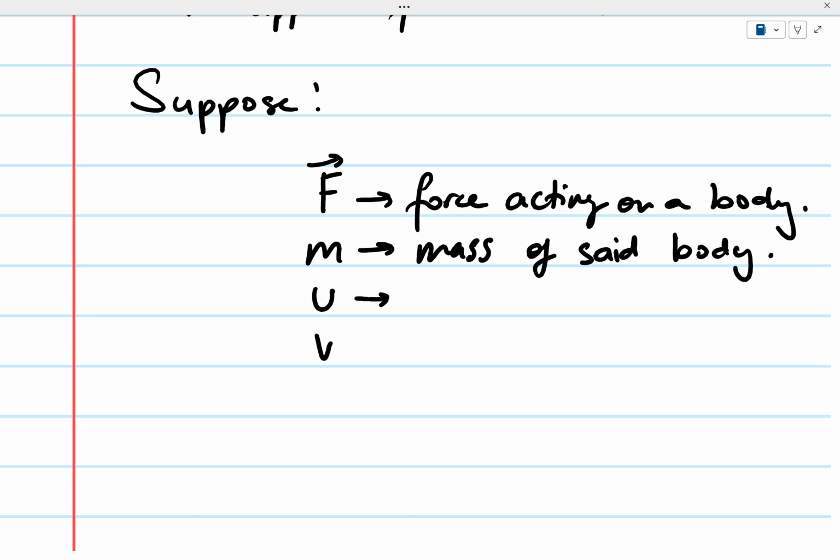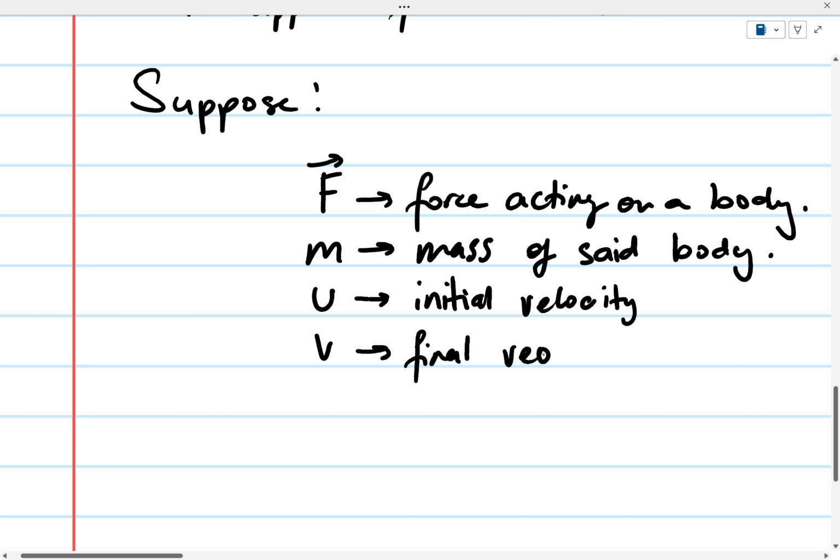I just saw your comment in the chat, and that is not the second law. But let's look at this. What would U be? The initial velocity, and then V would be the final velocity. So we're working with that.